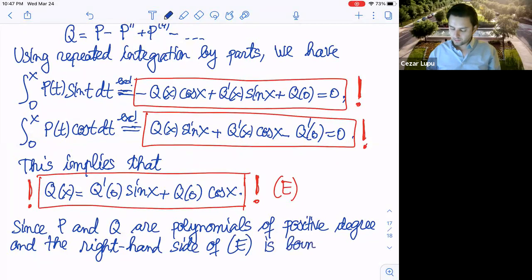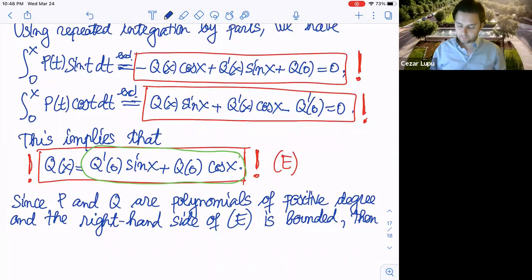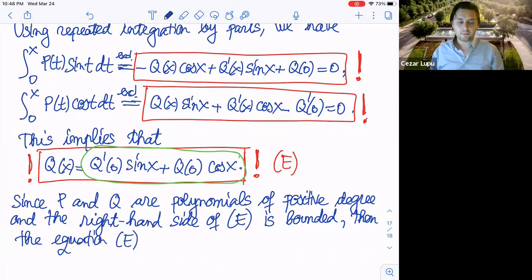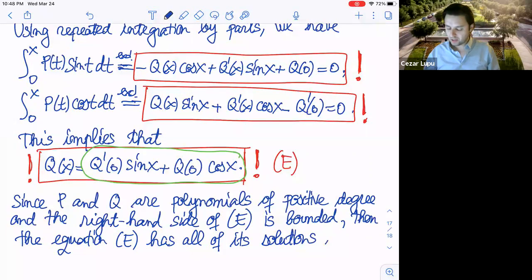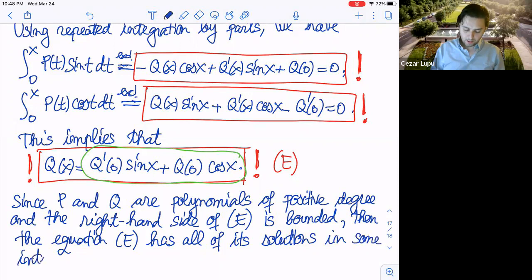So this guy here, this is bounded. Since the right hand side of E is bounded, the equation E has all of its solutions in some interval, let's say for values x less than or equal to m, or in some interval, let's say negative m, it doesn't matter.